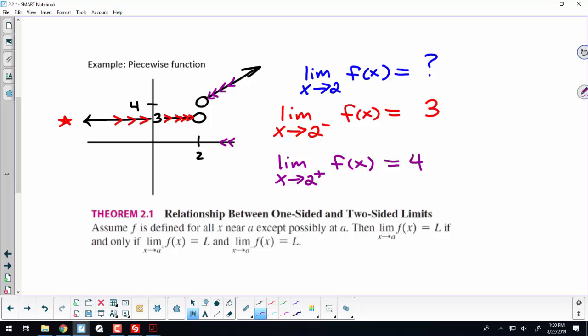Right. Right. Yeah. So we've yet to make that connection, but if you've read this theorem right here, it does tie in the one-sided limits to the two-sided limits.